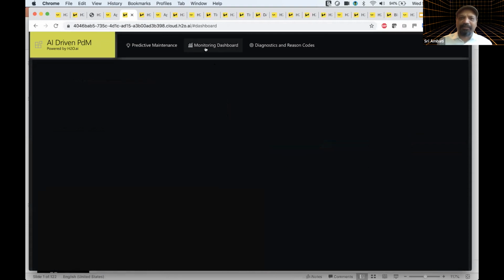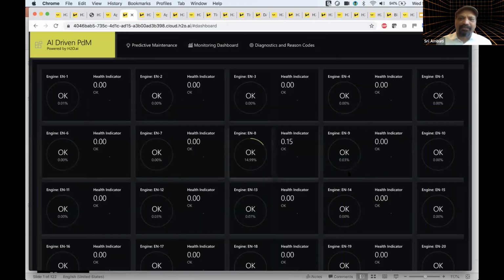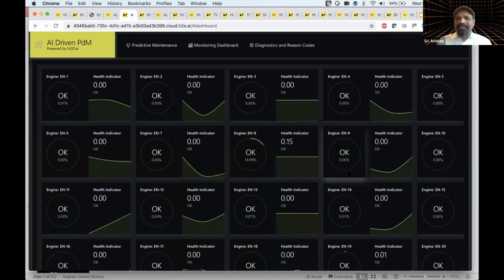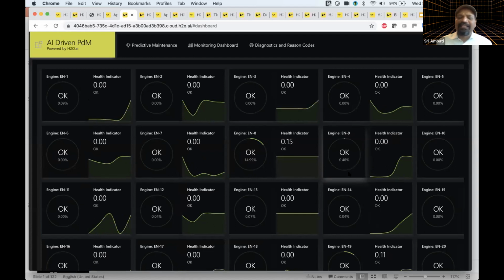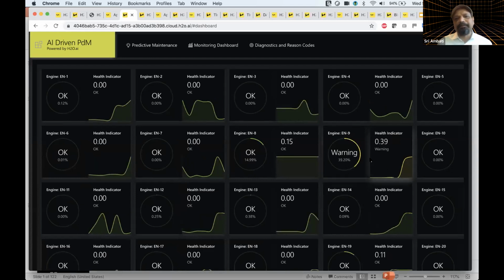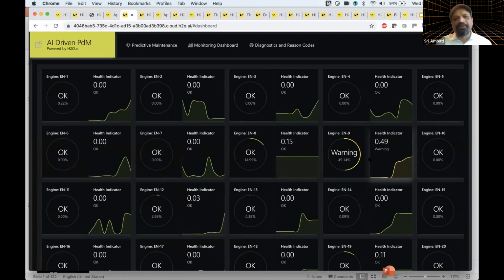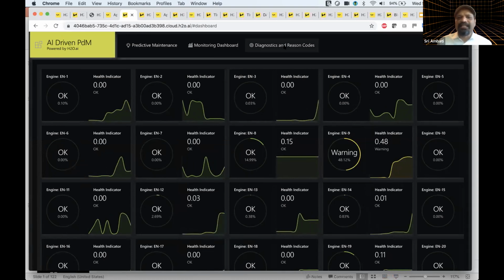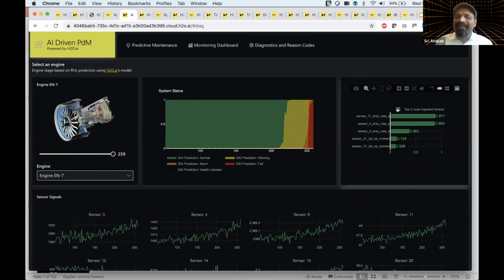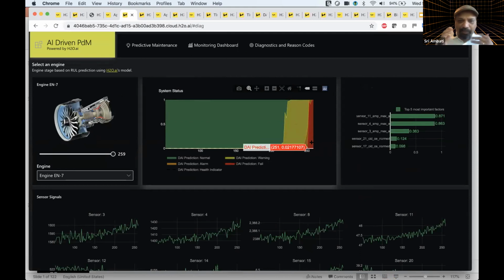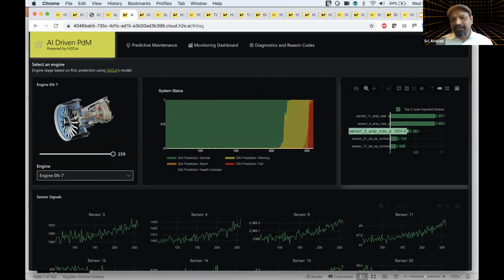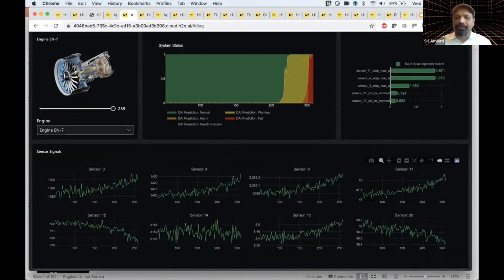Here's another incredible piece that looks at the entire factory floor and understands why a particular engine is malfunctioning, for example, and then the top five factors that matter in that. Driverless AI, our AutoML engine, is behind the scenes predicting that it's likely to fail, but that sensor 11 is showing up as one of the top factors, and sensor 4.